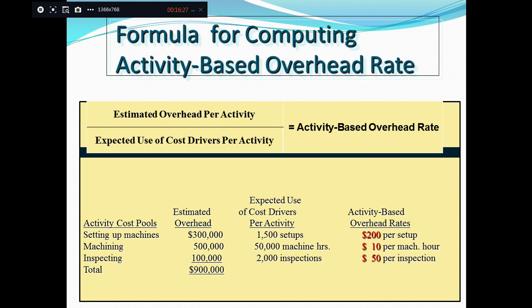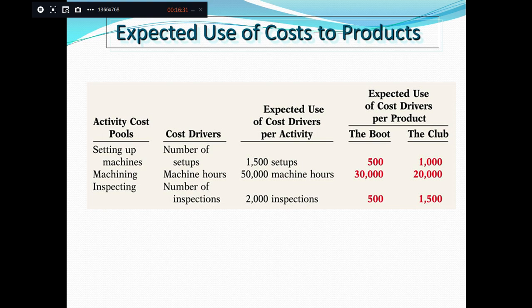So let us determine the cost. For setting up a machine, there are 1,500 setups. The boot has 500 setups and the club has 1,000 setups.